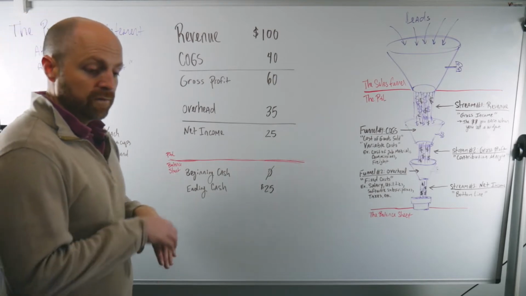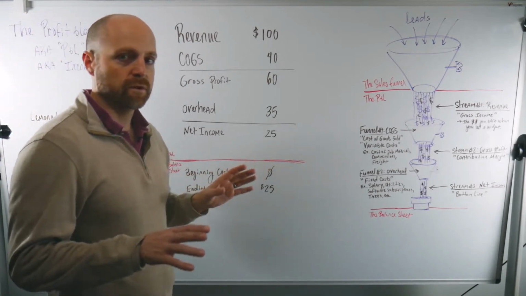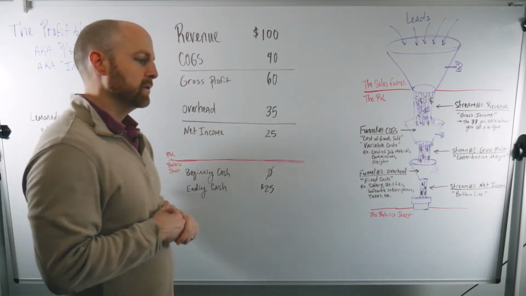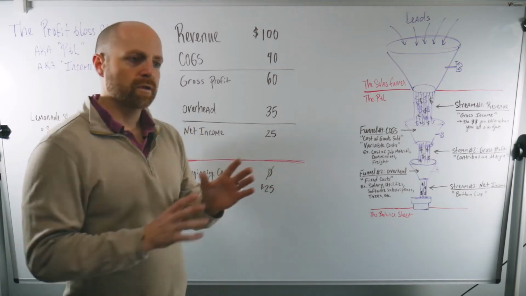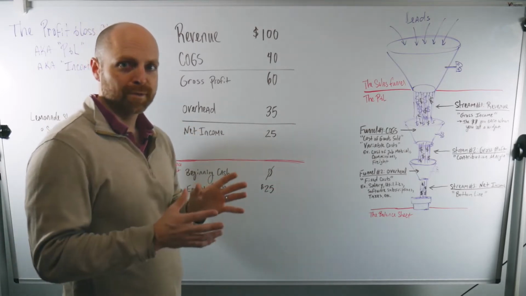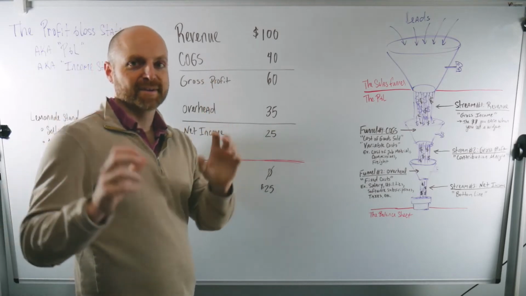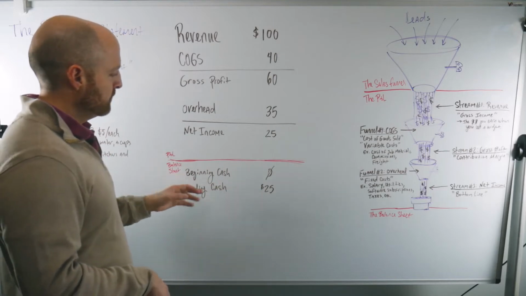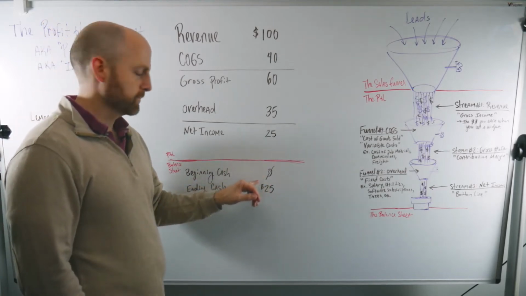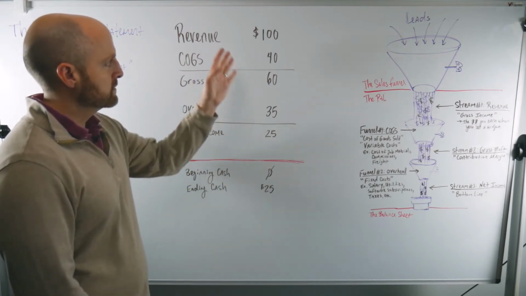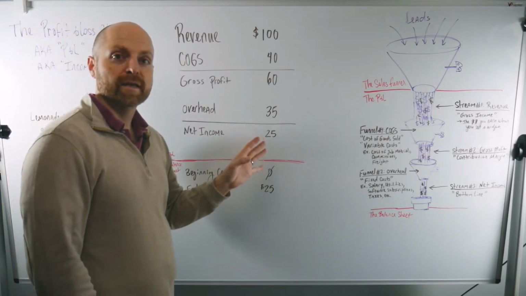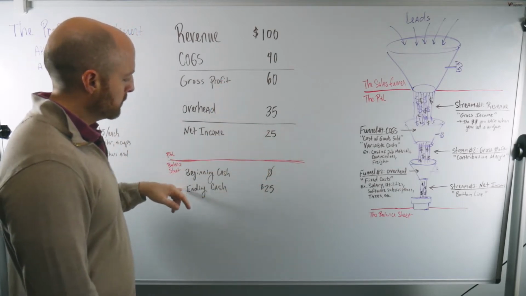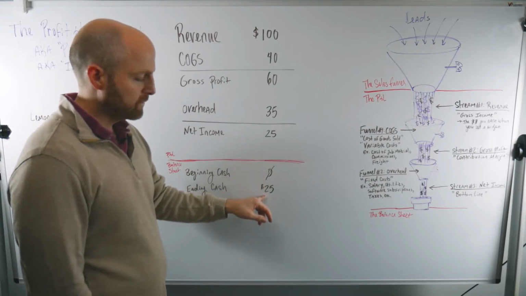If you didn't have anybody that you gave terms to, like everybody paid you cash whenever you hand them a cup, and you're not carrying any kind of inventory, you don't own the fixed assets like the tables and the chairs that you might use, or the corner, then if you started with $0 in your bank account, at the end of this, let's say that this is a month and every Saturday we spend a couple of hours out on the corner and make some money, over that month your bank account would go from 0 to $25.